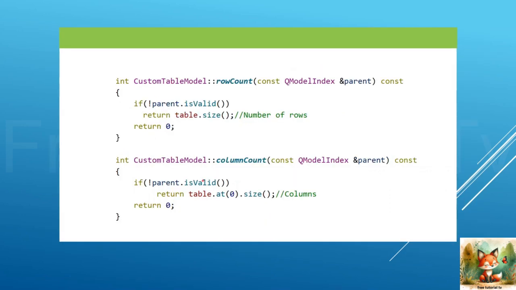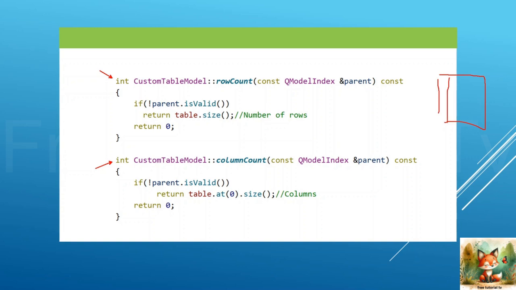Here is the implementation for row count and column count, and this is going to need some explanation. The first thing we do is to check and see if we have a valid index. And if you remember, let's draw this to really make this super clear.